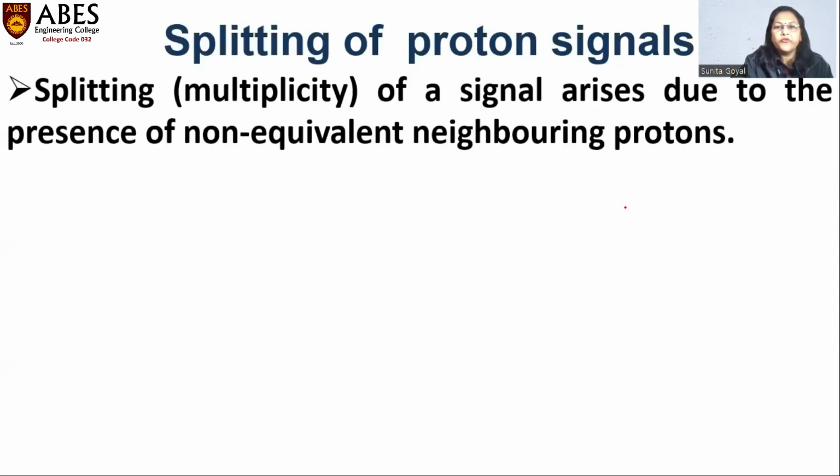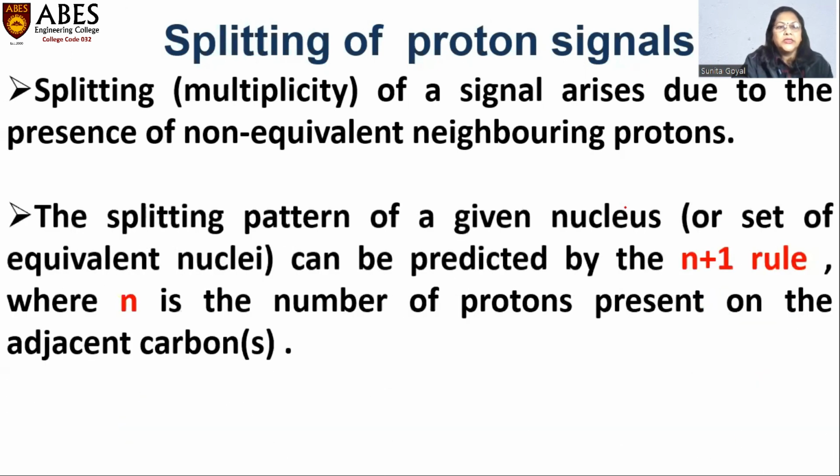Now the splitting of proton signals. As we have seen in the last spectrum, there were only single peaks, but this is not actually the case for high resolution spectrophotometers. We will see there splitting of these signals or multiplicity of these signals.